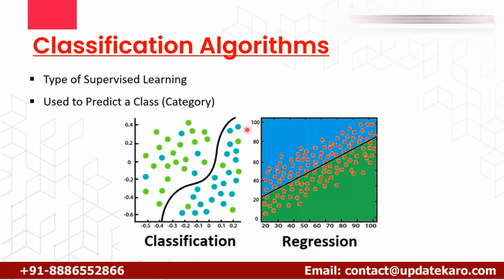In real life you will find a few blue data points, as well as a few green ones, in this particular blue region. Also here you will find that most of the data points are green, and here most of the data points are blue.